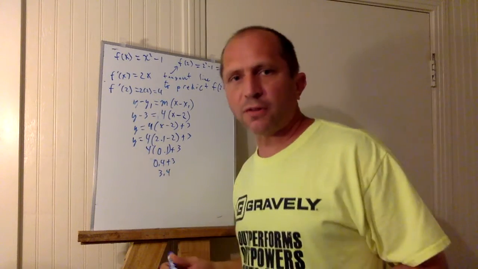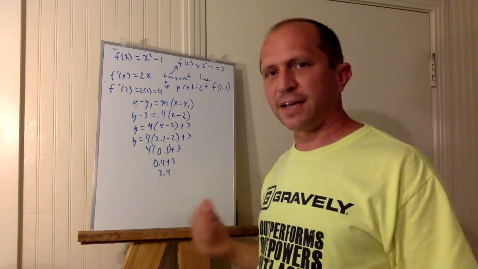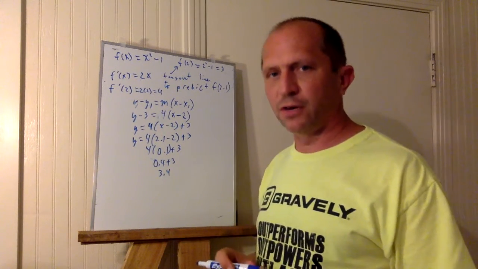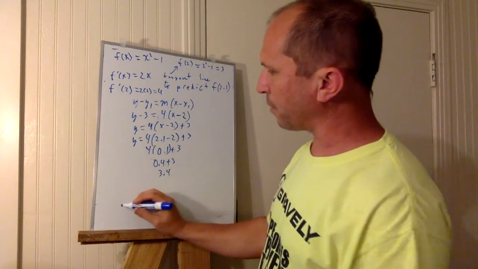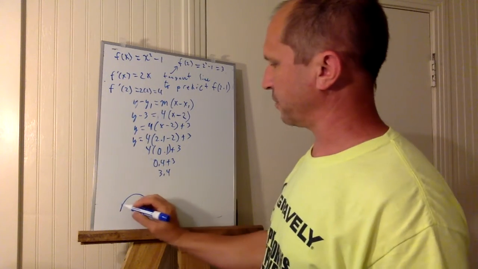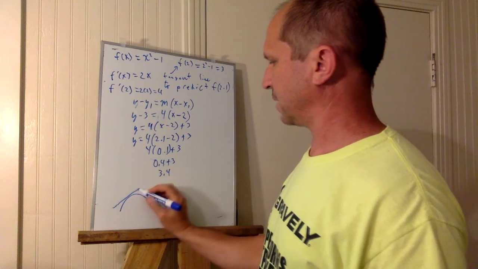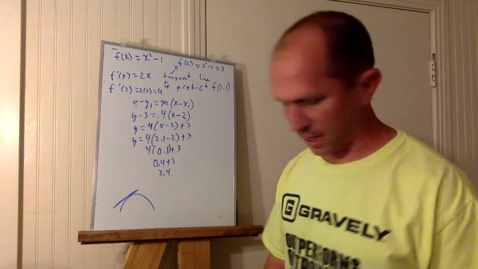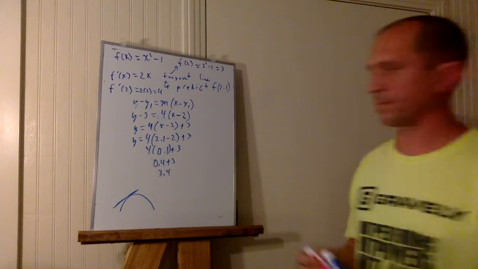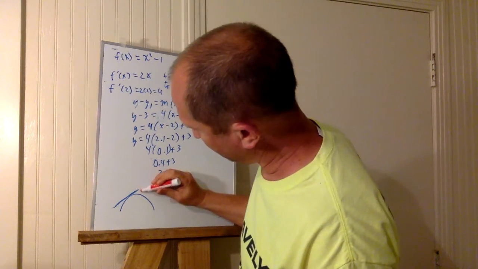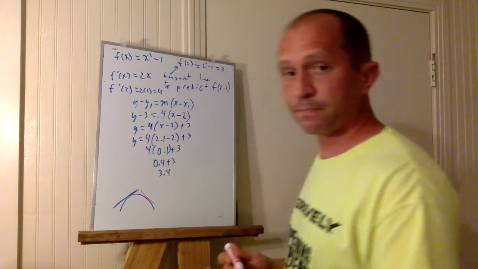Now, another thing we can look into is whether this is an over approximation or an under approximation. Well, I'm going to draw 2 examples here. This is my first example. Here's a tangent line. That's tangent line 1. And this is tangent line 2.